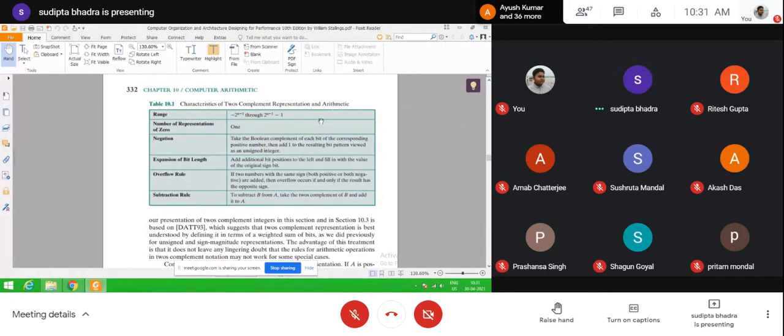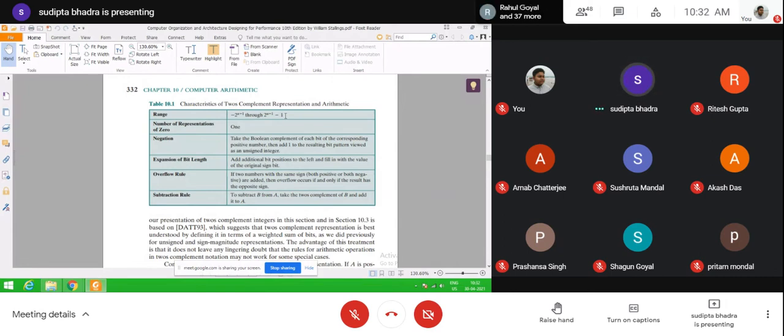In case of two's complement representation, the range of numbers that can be represented is minus 2 to the power n minus 1 through 2 to the power n minus 1, minus 1, where n is the number of bits used to represent the number.